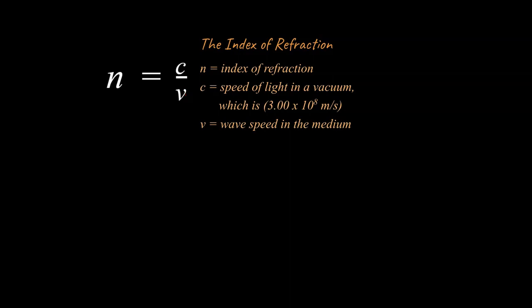So for instance, the index of refraction for air is 1.00. What does that mean? Well, that means the speed of light in air is basically the same as the speed of light in a vacuum, because you have 3.00 times 10 to the 8th divided by 3.00 times 10 to the 8th. So it's a 1-to-1 relationship, and that just reduces to 1.0.